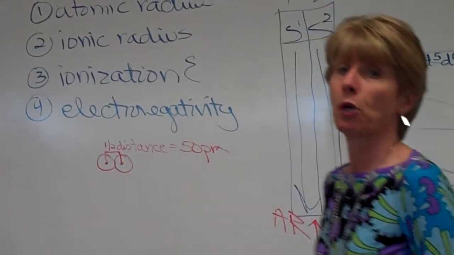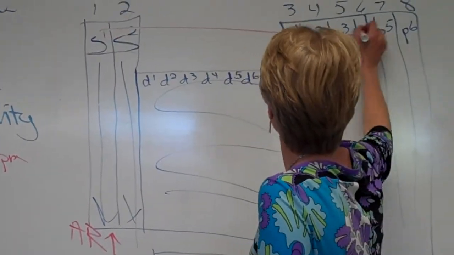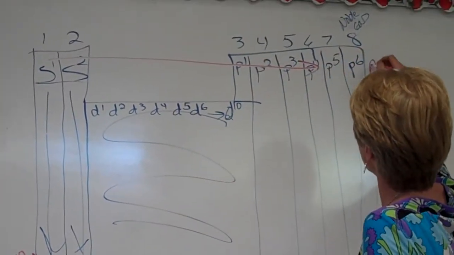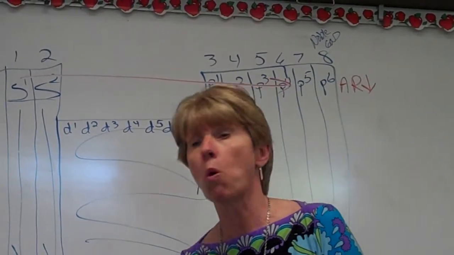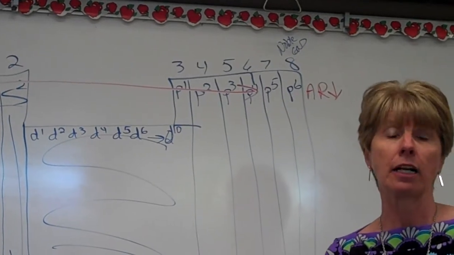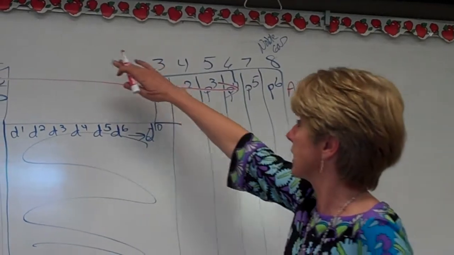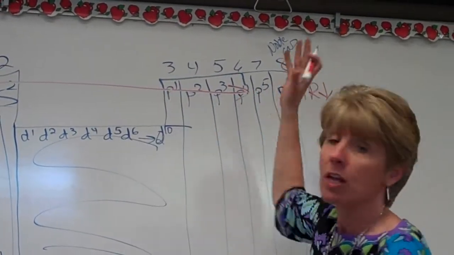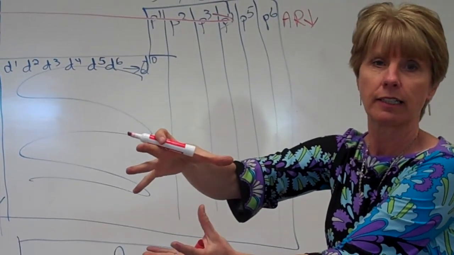Now what happens when you go across a period? When you go across a period, atomic radius decreases. Atoms get smaller when you go across a period. That's because you're adding protons into the nucleus, and the electrons that are going into the same energy level are being pulled in more tightly.